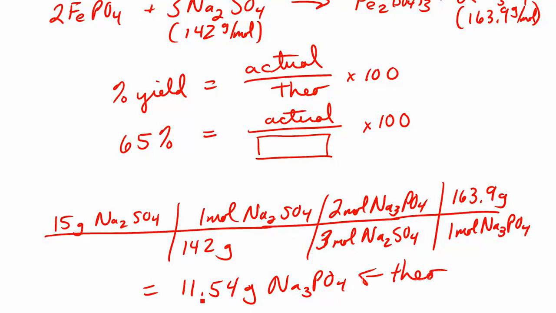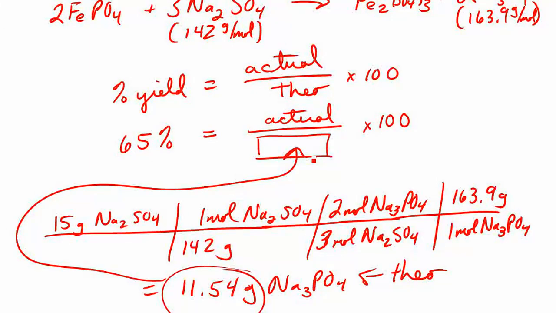So I'm going to take that value and I'm going to plug it in right there and back calculate, and that gives me an actual value of 65% equals that times 100, an actual of 7.5 grams of sodium phosphate. Okay, and that's percent yield.